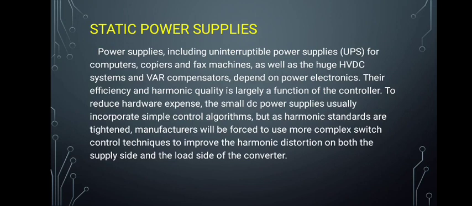To reduce hardware expense, the small DC power supplies usually incorporate simple control algorithms. But as harmonic standards are tightened, manufacturers will be forced to use more complex switch control techniques to improve the harmonic distortion on both the supply side and the load side of the converter.